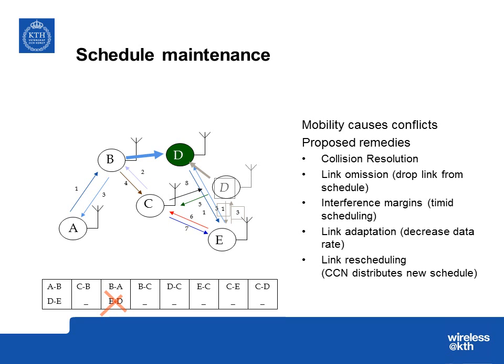There are several options that we can take. Of course, we can recalculate the schedule, or we can have a collision resolution algorithm involved. Or we can simply drop certain links from a schedule. Or we can have interference margins, making sure that the margins are high, which means that we can tolerate more interference than actually is needed. All these remedies, of course, will decrease the performance of the network.